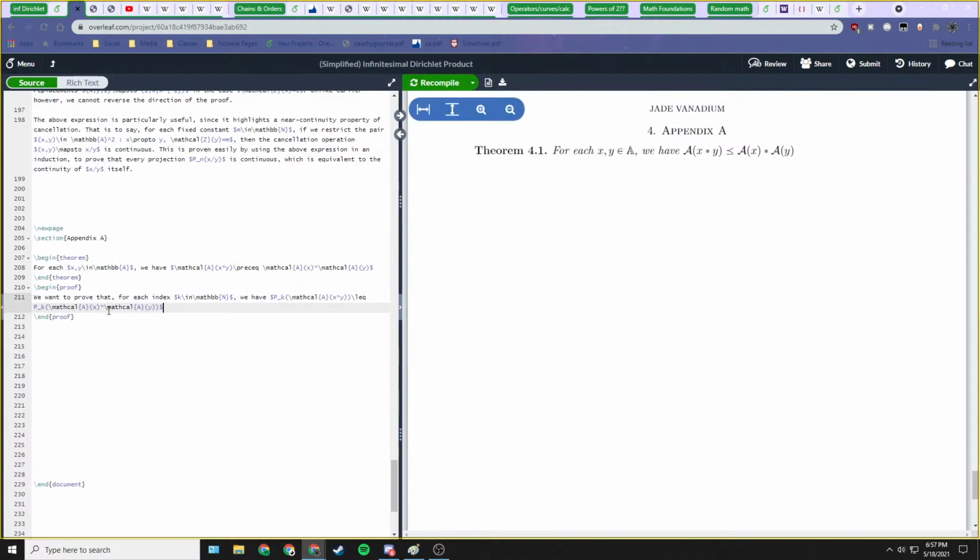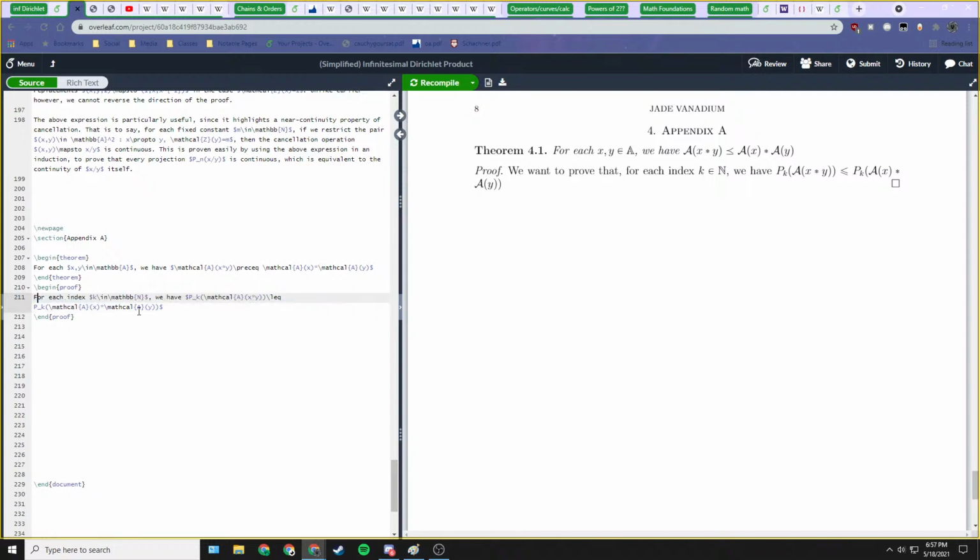I'm sure this is going to be a little fuzzy for you since I'm a lot more zoomed out than I was before. That's better.